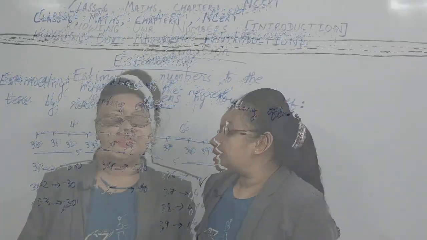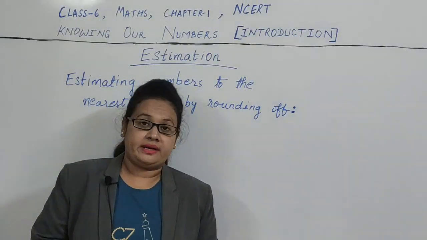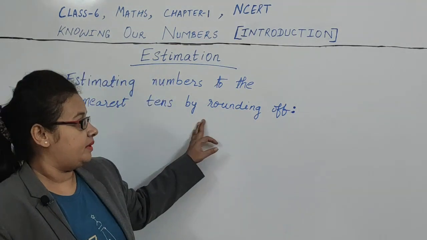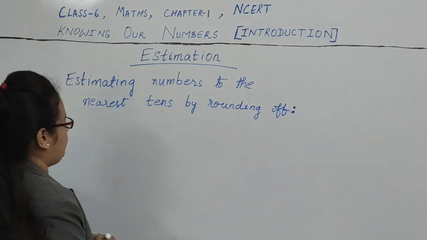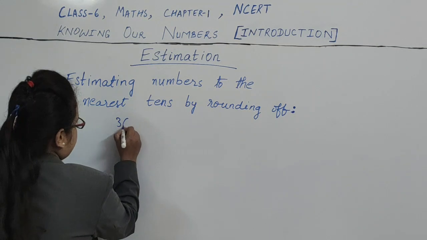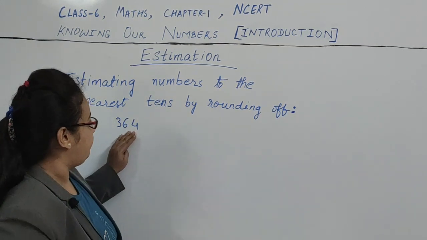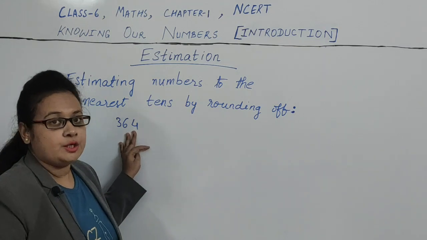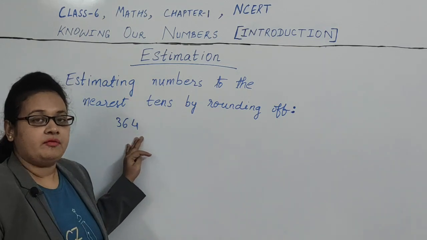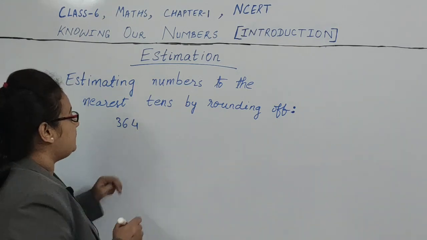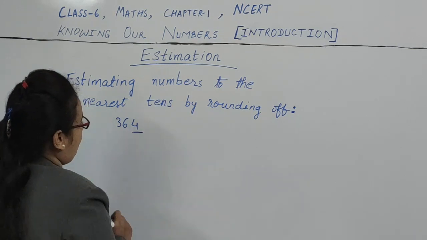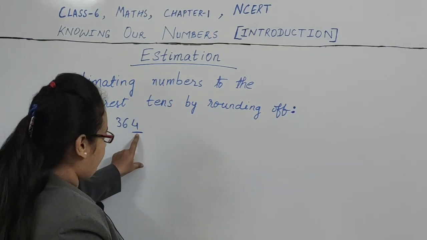Okay. Now let us take one more example to understand rounding off number to the nearest tens. So let us take 364. We have to round off 364 to the nearest tens. So what do we do? If we have to round off to the nearest tens, we look at the digit at the ones place. What is the digit at the ones place? It is 4.